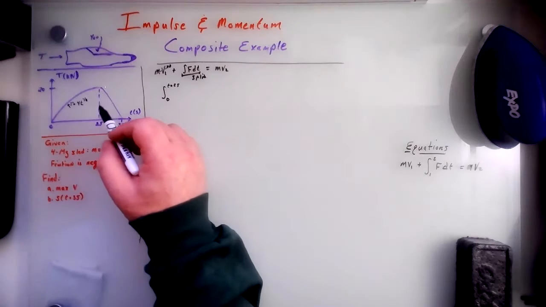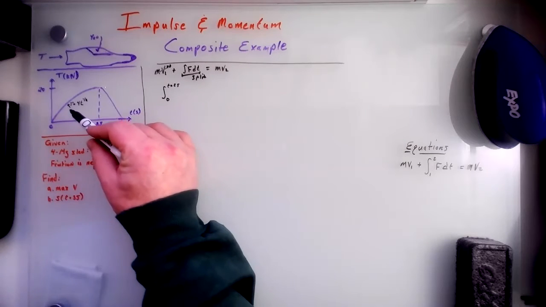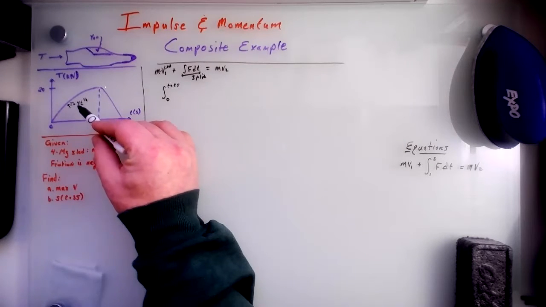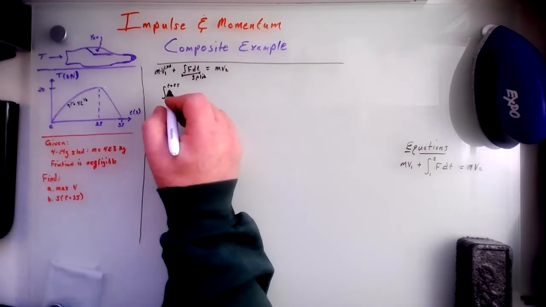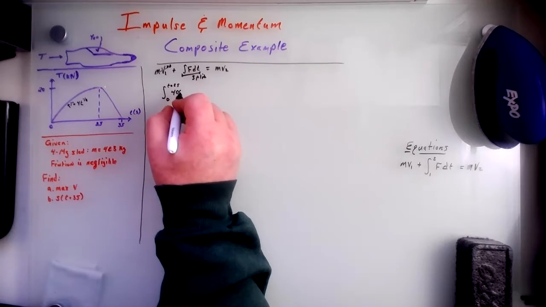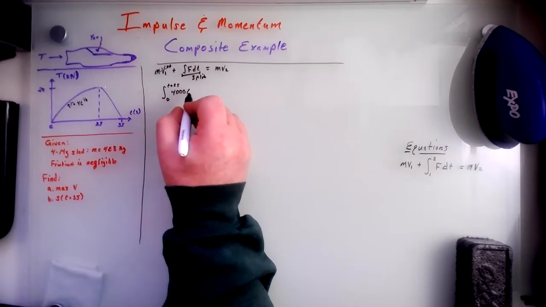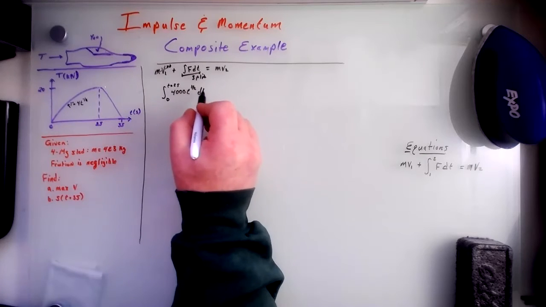And what is the thrust? The thrust is 4 kilonewtons, so 4,000 t to the 1/2, dt.